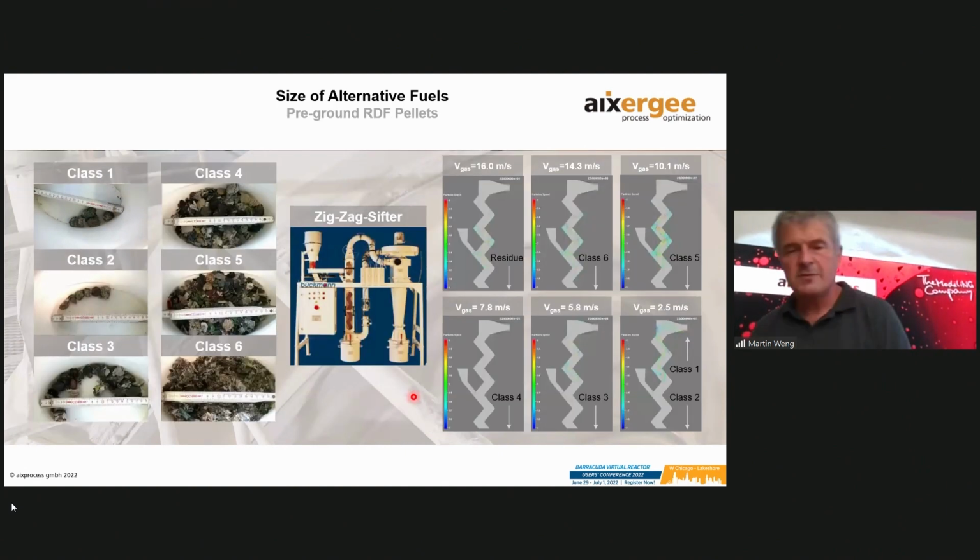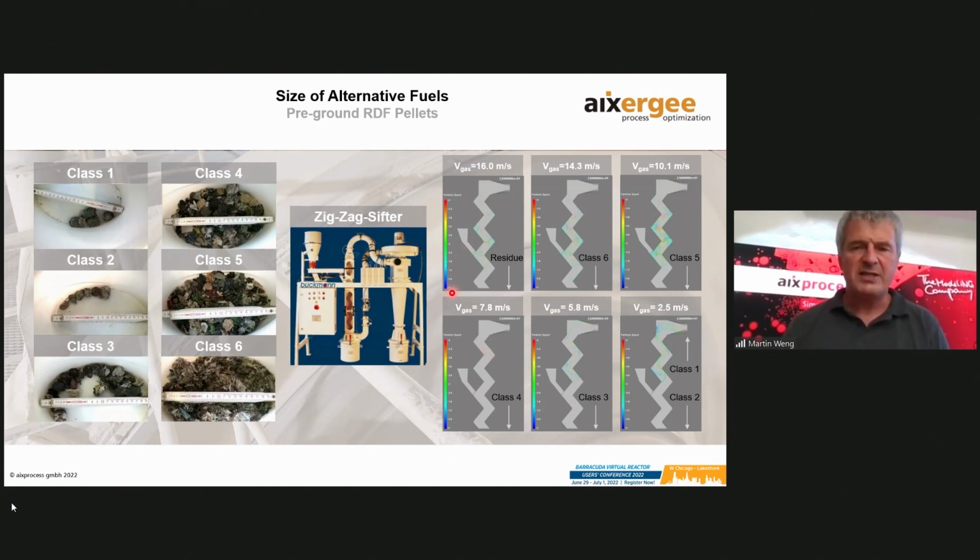So what we did as a change to the categories of particles is that we categorize them by terminal velocity. That is a method that was published elsewhere. If anyone is interested, we can give the reference.